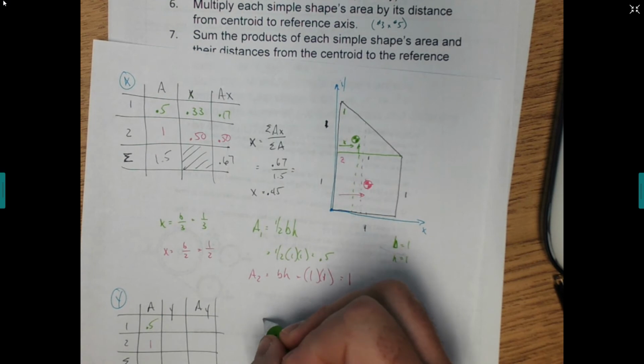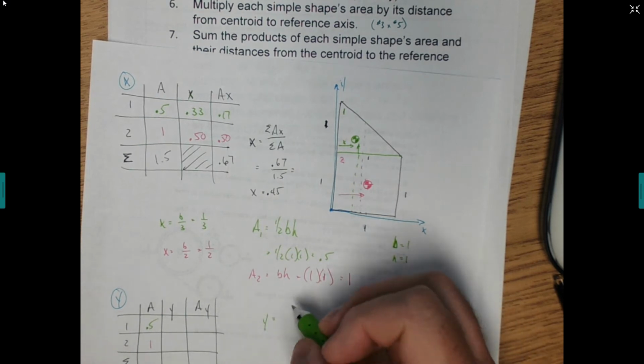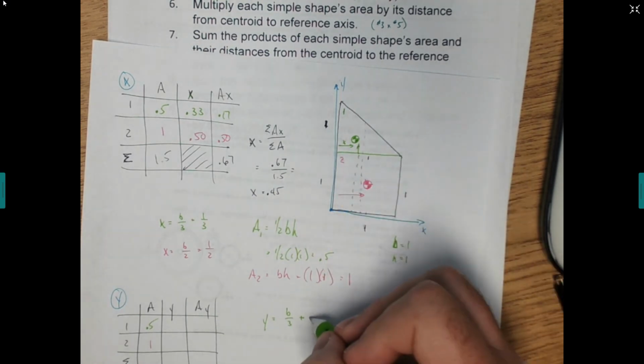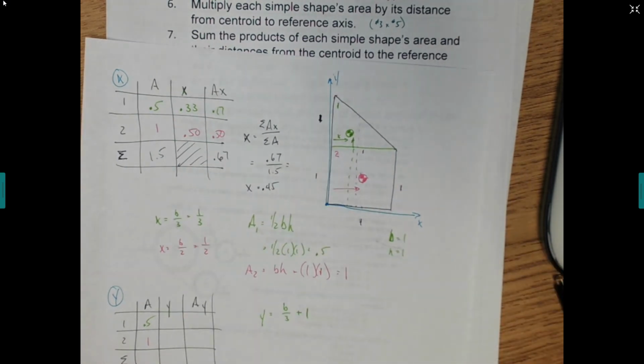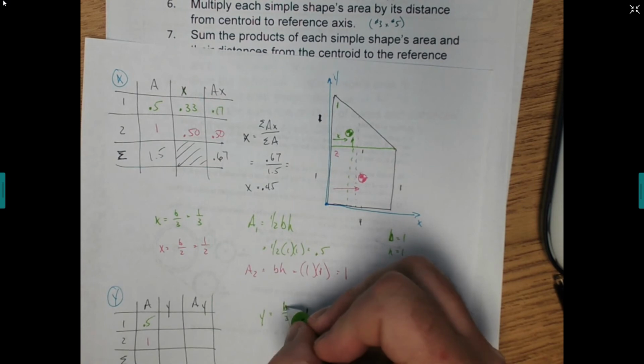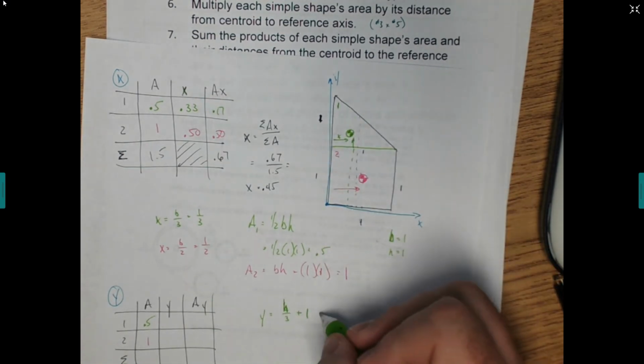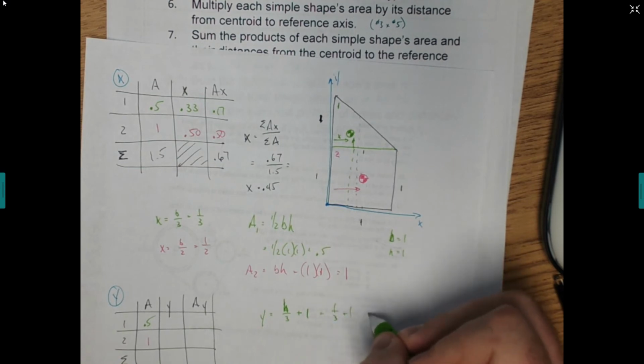So my y is equal to my b over 3, but I have to add it to that square, plus that 1. It's not b over 3 now, it's height over 3, because we're doing y. Well, the height is still 1, so it didn't matter. So this is just 1/3 plus 1, or 1.33.